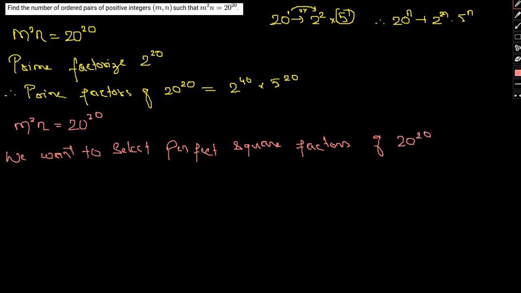So how many perfect square factors of 20 to the power 20 basically exist?